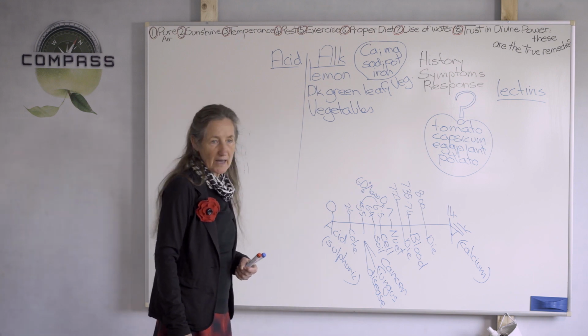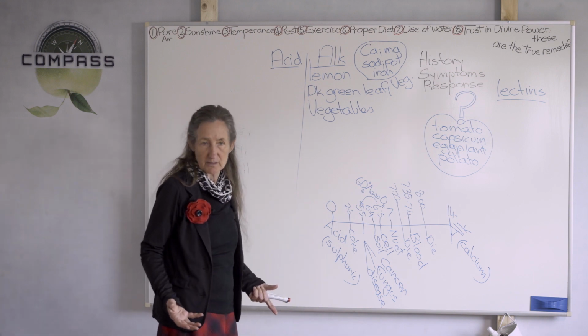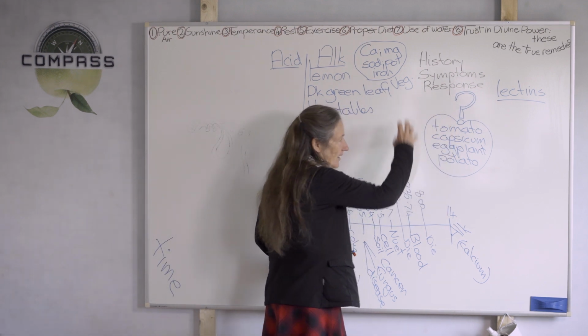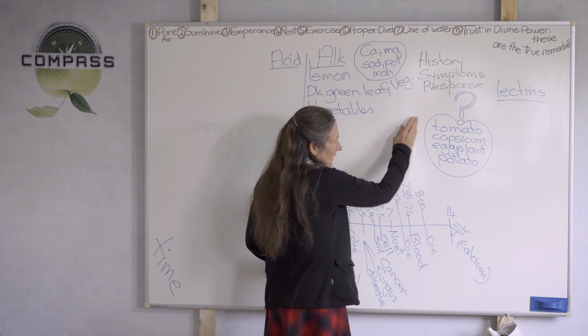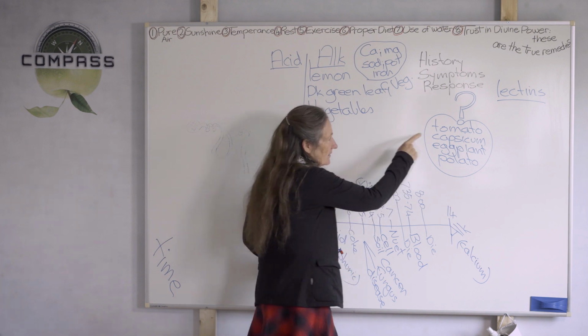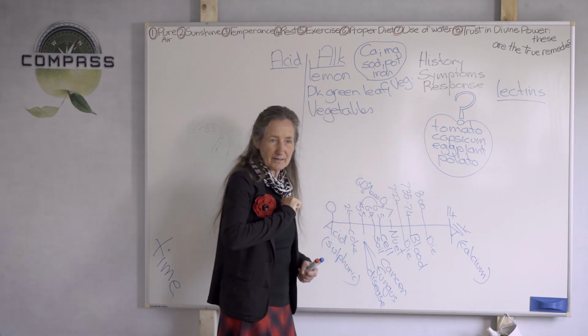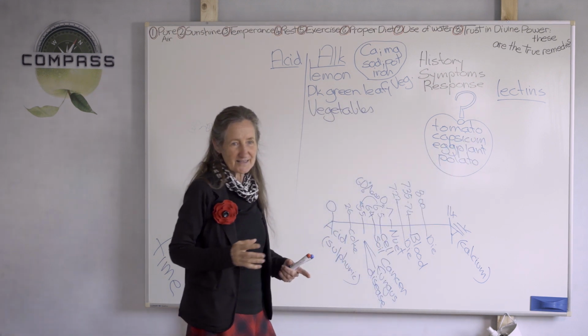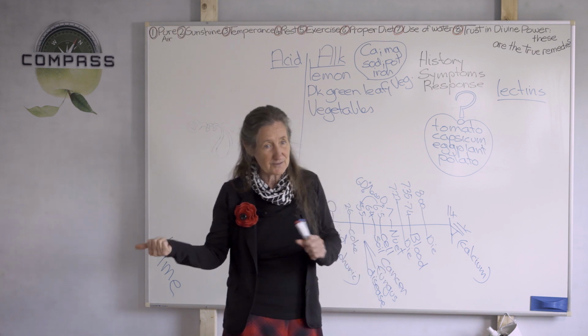So people with arthritis, which is an inflammatory condition, are best keeping away or greatly reducing this. One lady said to me, I can eat the green capsicum and not the red. And another lady said, well, I can eat the red and not the green. Another lady said, I can eat the raw but not the cooked, and vice versa.